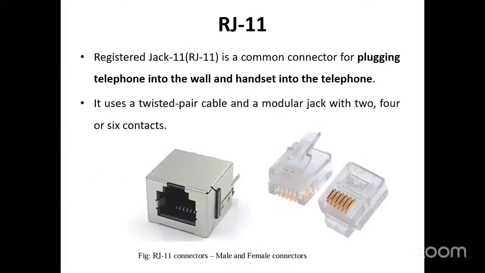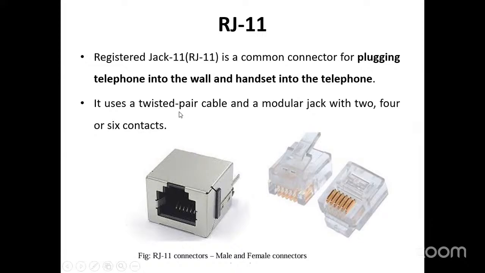Next, RJ11, registered jack 11. It is a common connector for plugging the telephone into the wall and plugging the handset into the telephone also. It uses a twisted pair cable.